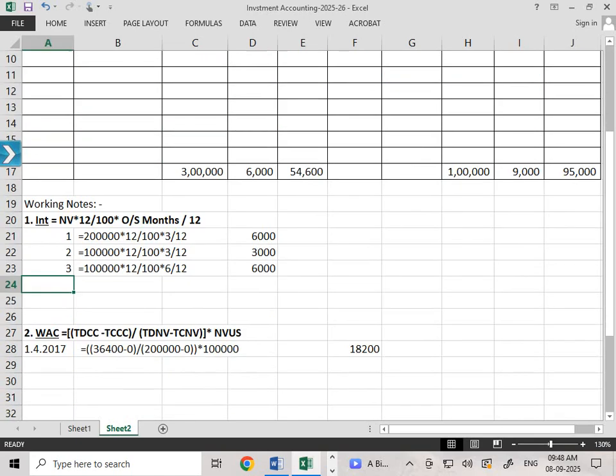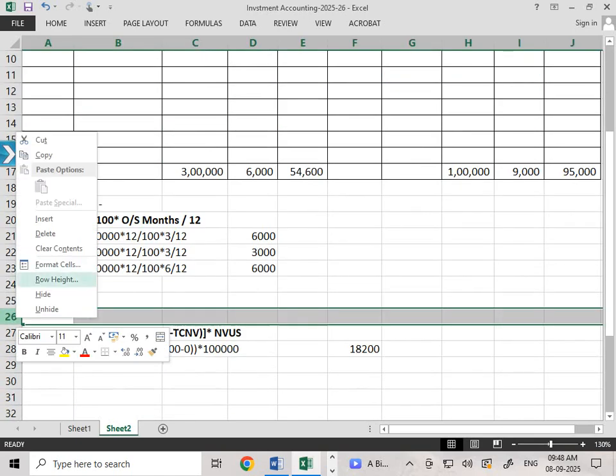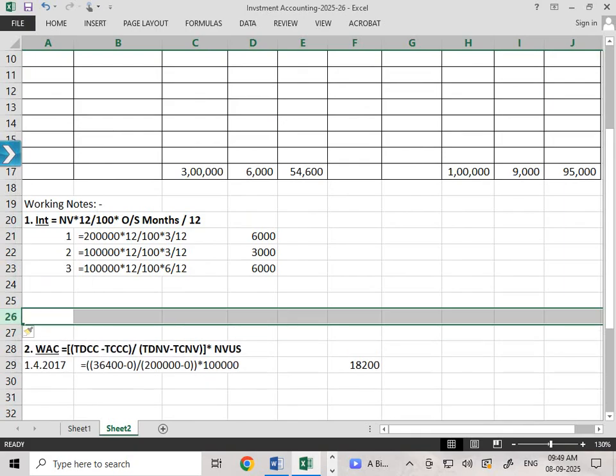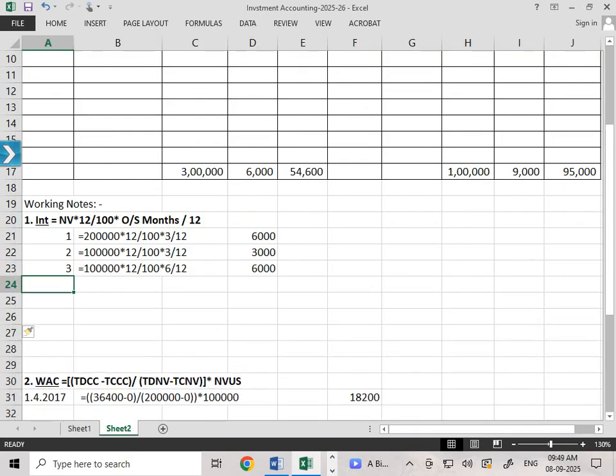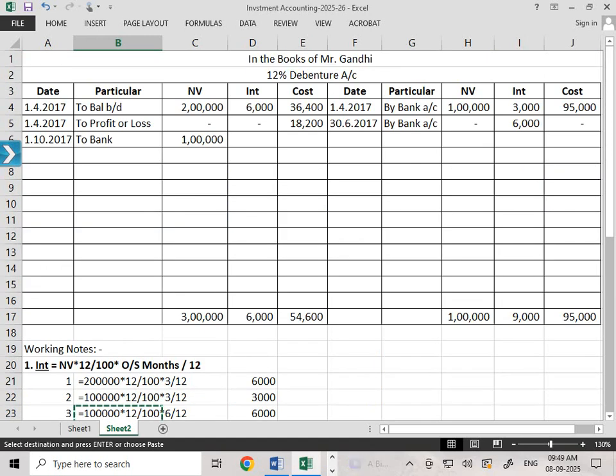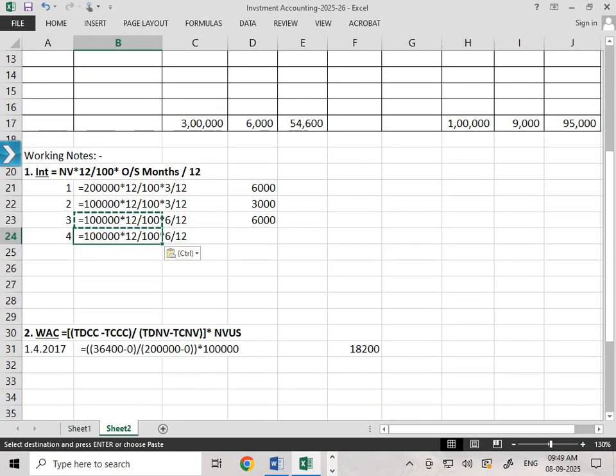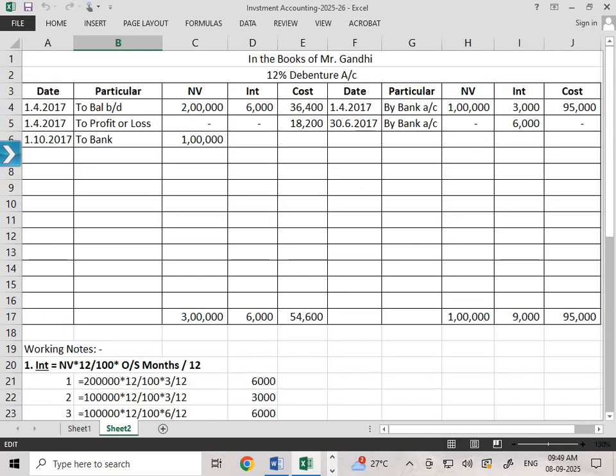Now we have to calculate interest. So let us start calculating interest. So fourth working note, here same formula. What is the nominal value? 1 lakh. So nominal value 1 lakh. Rate 12%. 12 divided by 100. Multiply by how many months? So last interest we have received on 30th June.